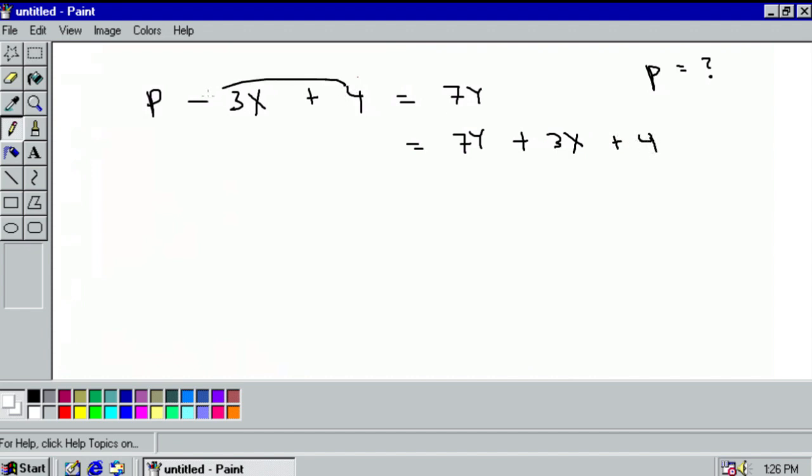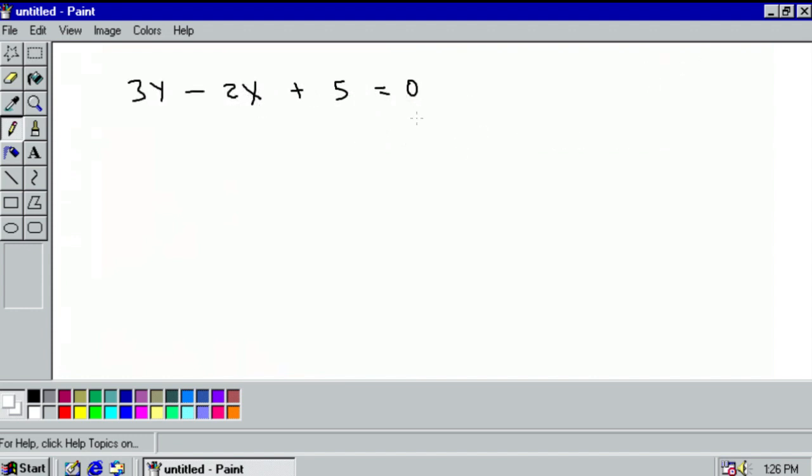And what we have here, since we moved it to the other side, we have p left. Since we have the positive number here, and we change its side, we need to change its sign, so that will become negative. So easy as that.